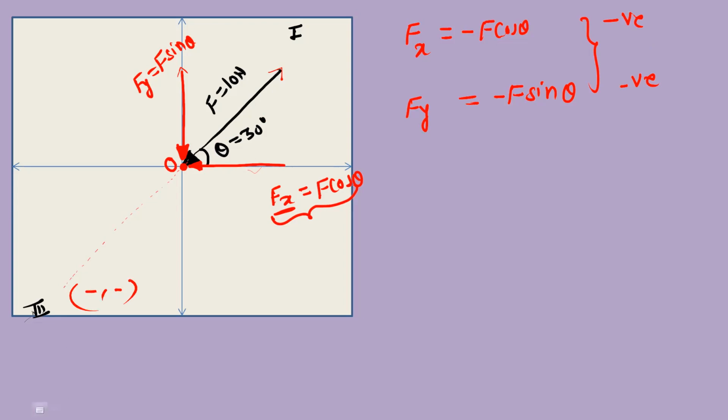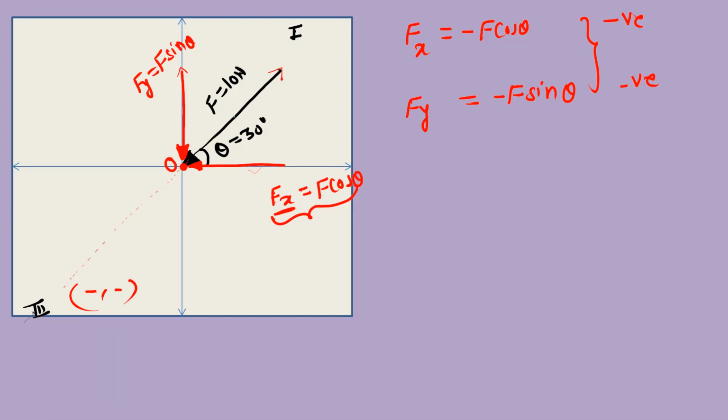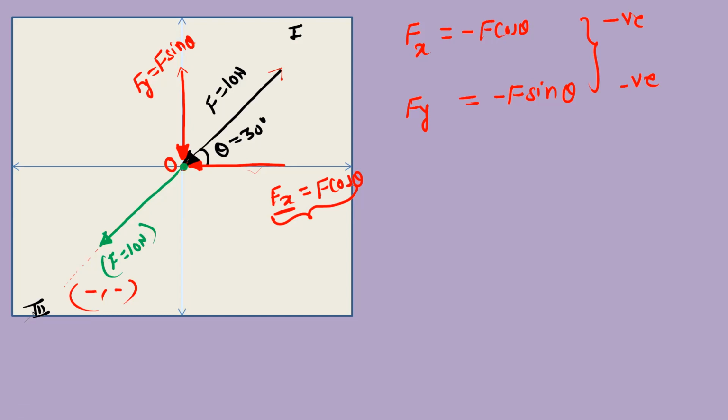As the force is transmissible, we have just seen the meaning of transmissibility. So you can show this force like this. So this is the initial force, F is equal to 10 Newton. Okay, the effect will remain the same. And now you can resolve the force F, 10 Newton, like this.